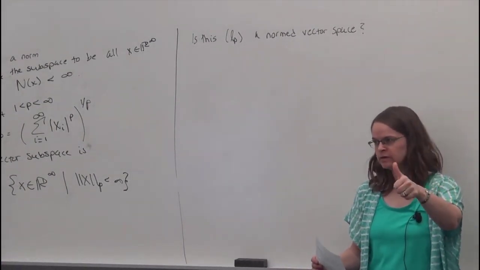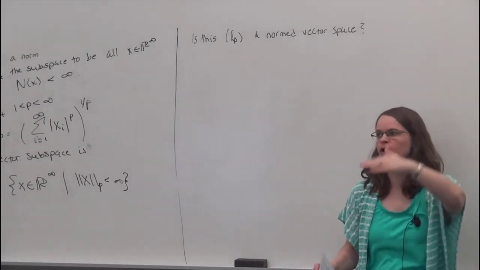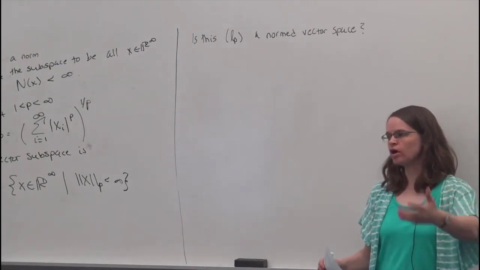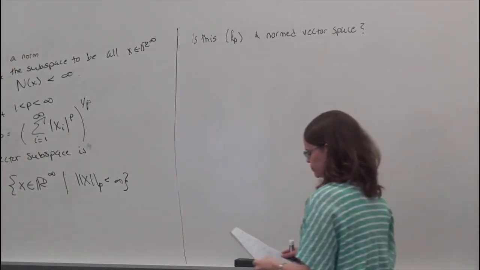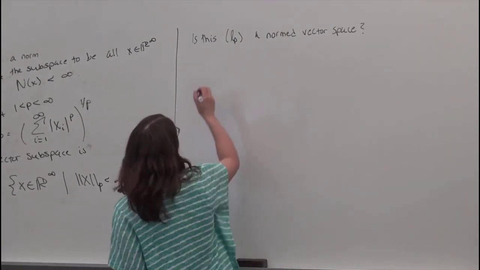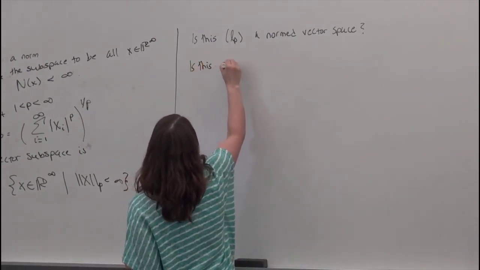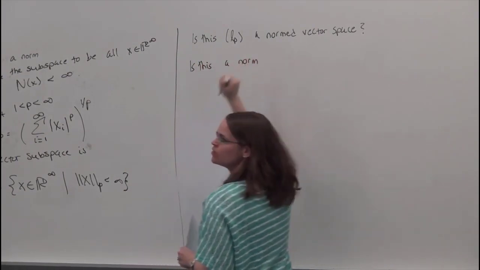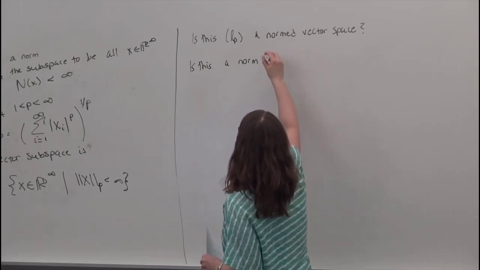Is this a norm? Is this actually still a vector space? And again, we don't need this whole long list of requirements. We started with a vector space. It's just the closure that we need to worry about. Okay, so let me start with, is this a norm? Because answering this question will kind of give us the answer to the question of, is it a vector space?